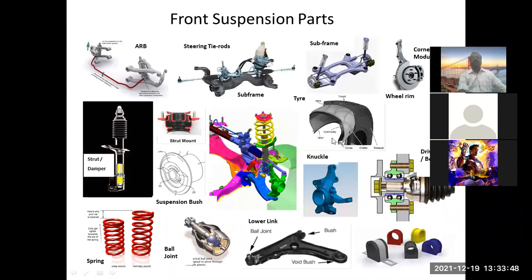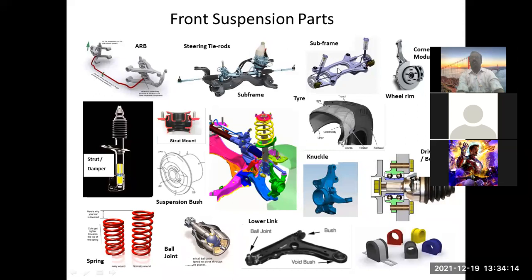So these are some of the components with respect to the suspension system. This is a rod. We will be discussing the tie rod, Panhard rod, and many other things which connect to suspensions. Then we have the subframe, which is connected to your suspension.